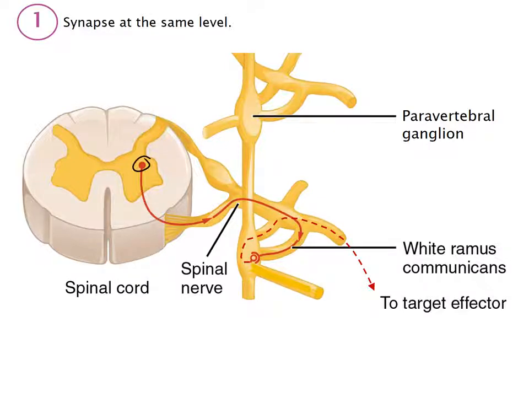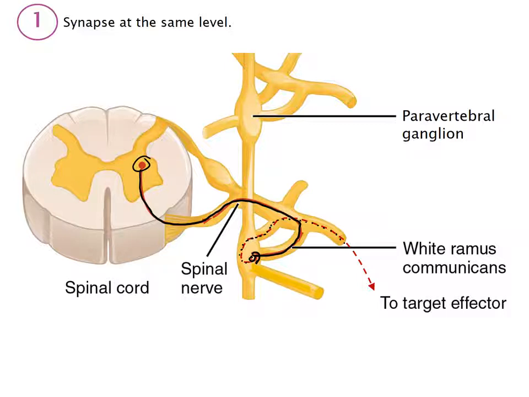Here is a cell body of a preganglionic sympathetic neuron. It's sending out its axon through the ventral rootlets and ventral root, onto the spinal nerve, and finally onto the white rami communicans to enter the sympathetic chain. Once in the sympathetic chain, the synapse occurs at the same level. Here's the synapse, and after the synapse, the postganglionic fiber is sent out through the gray rami communicans, and it enters into the ventral ramus.